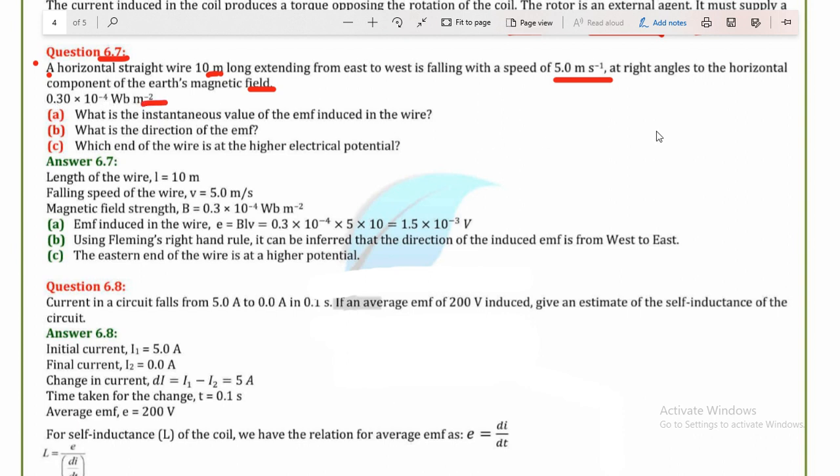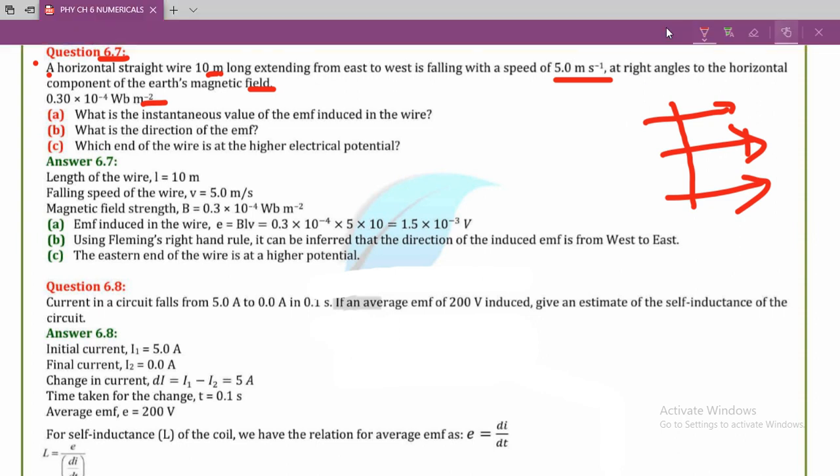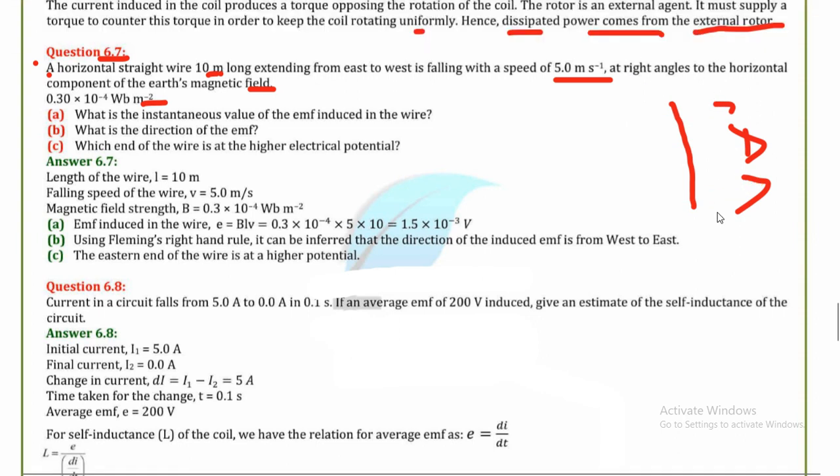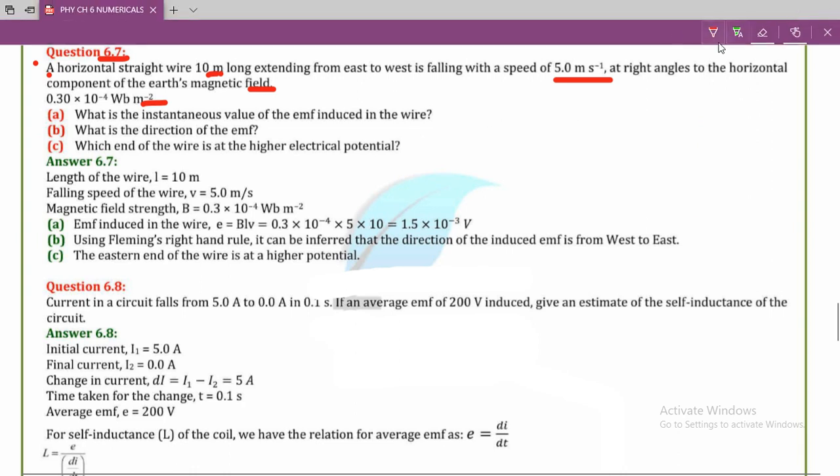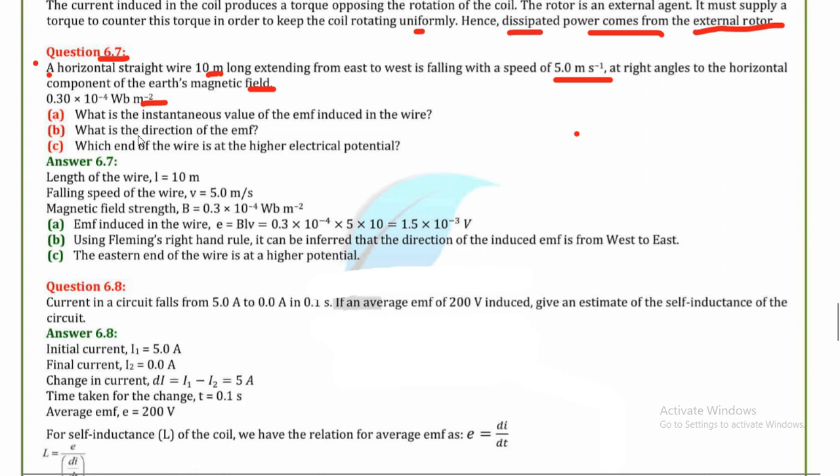So suppose this one is the horizontal component of the magnetic field, its value is given, and a wire is falling perpendicular to this field. Sorry, I want to change the diagram. Okay, let me explain this after some time.